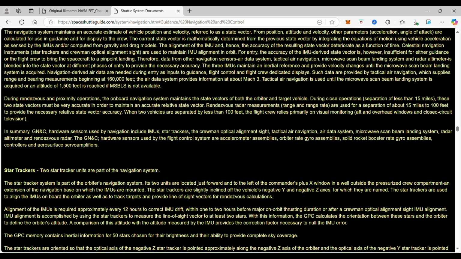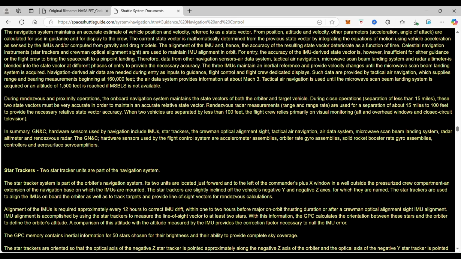You see the onboard navigation system maintains state vectors in both orbital and target vehicle. During close operation, or separation less than 15 miles, these 2 state vectors are very accurate to maintain accurate relative state. So anything less than 15 miles is going to be coarse.